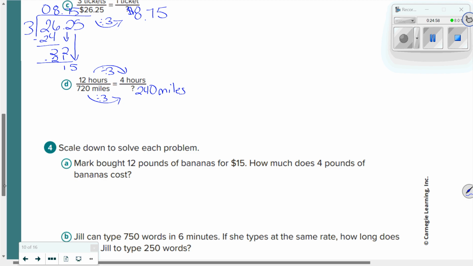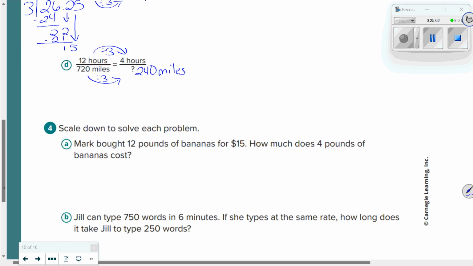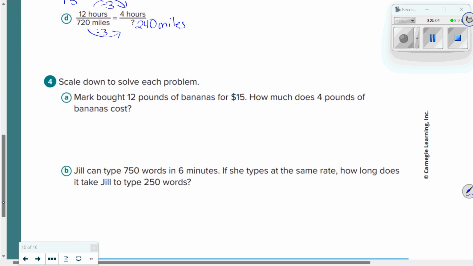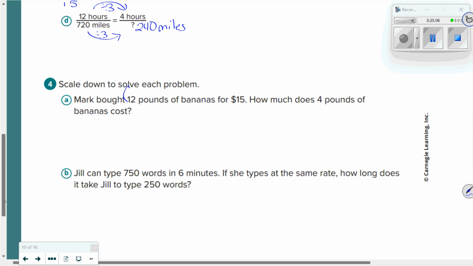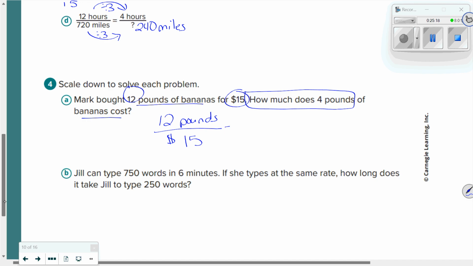Good. This time you had to set up the proportion yourself. They did not set it up for you. Mark bought 12 pounds of bananas for $15. How much does 4 pounds of bananas cost? So I have 12 pounds for $15.